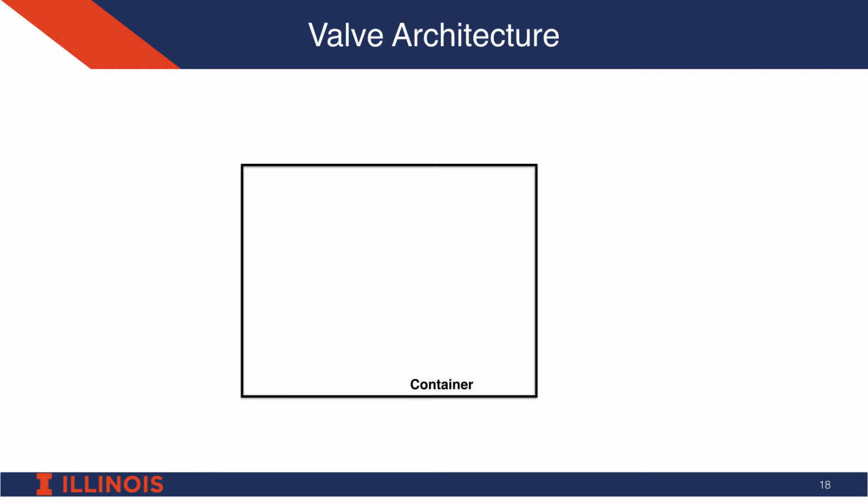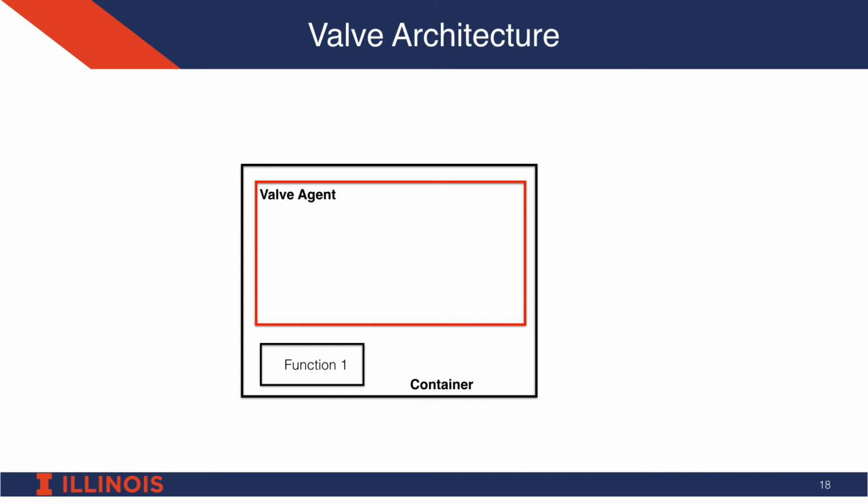So, the serverless functions are executed inside containers. The Valve agent also sits inside the function container and performs several important tasks. The first component of the Valve agent is the garbage collector. This garbage collector essentially deploys a tracing mechanism for monitoring function file IO. The tracer intercepts and records all system calls issued by the function using the strace utility.